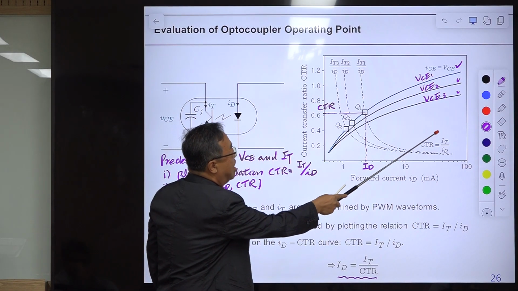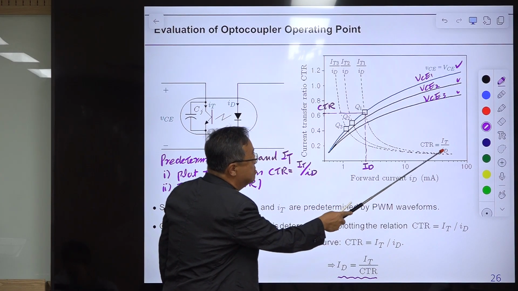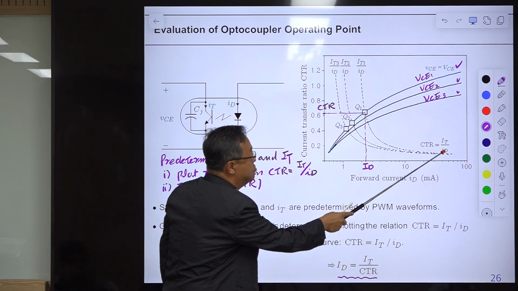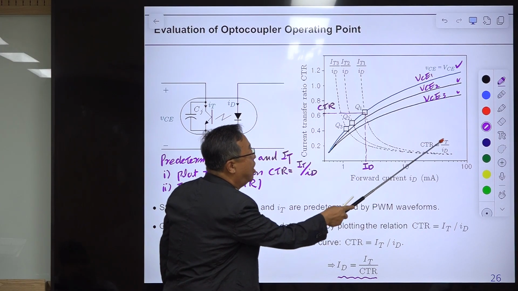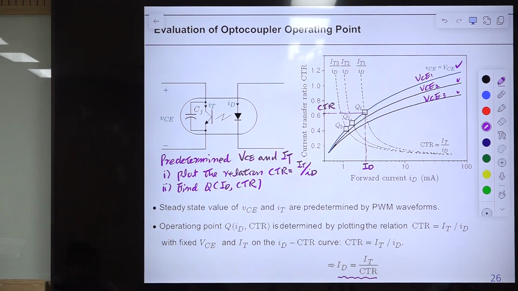CTR is IT divided by ID. That means, suppose you have ID, then you know the ratio, CTR. This is very similar to the equation Y equals constant K times X, where X is ID and Y is CTR. So this is known.